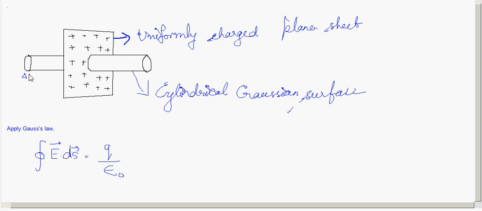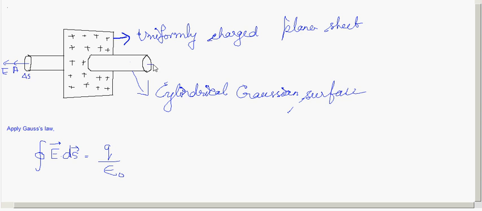So here area vector and electric field are parallel to each other. E and ds, or let me say this area vector A and the unit vector n.